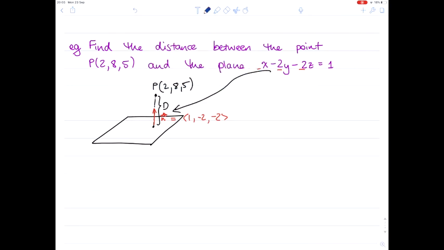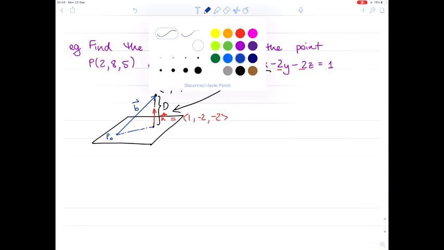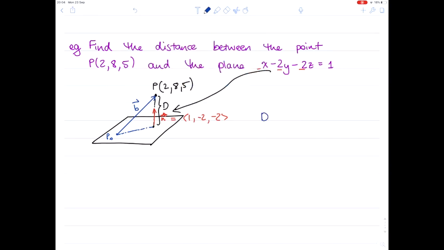We know that if we have any other point on the plane, let's say p naught, and we draw a vector between p naught and the point we're trying to investigate, and we consider the triangle formed by the components of this vector, which I'm going to call b, which are perpendicular to the plane and parallel to the plane, then in fact what we've got is that d, which we're looking for, is the magnitude of the component of our normal vector in the direction of b.